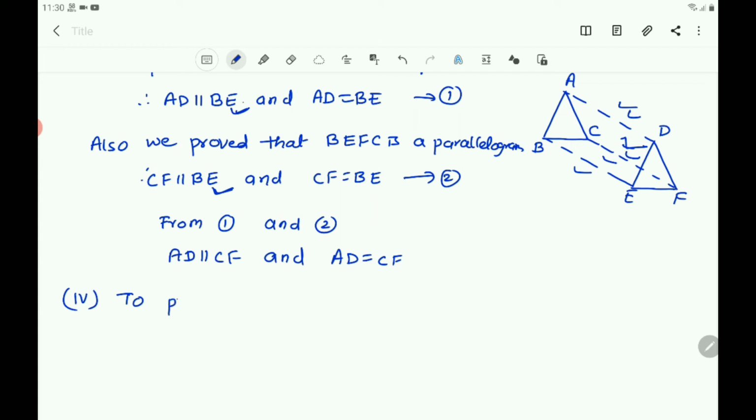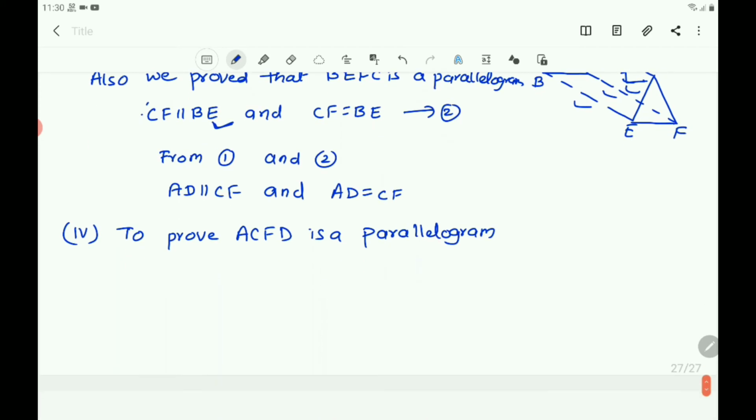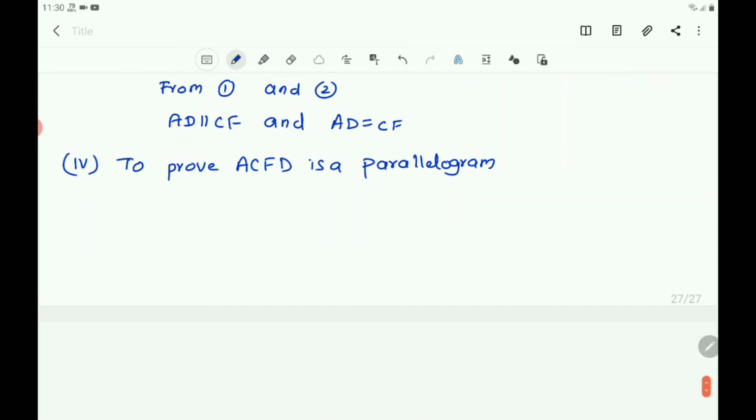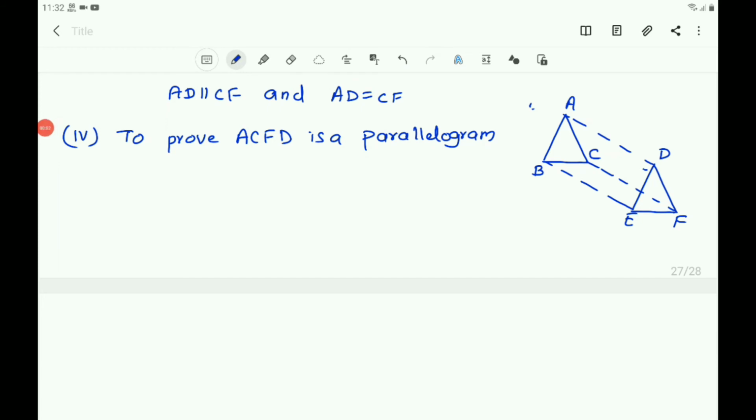To prove ACFD is a parallelogram, in quadrilateral ACFD, we proved that AD equals CF and AD parallel to CF.